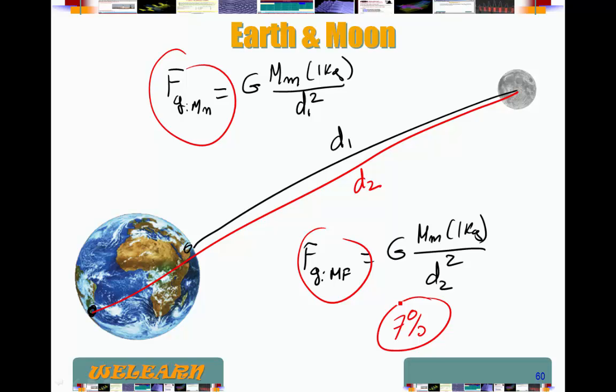The difference is what causes high and low tides. That's the water here is being pulled with a slightly stronger force than the water here. That's why we are going to have a high tide here and a low tide in the opposite side.